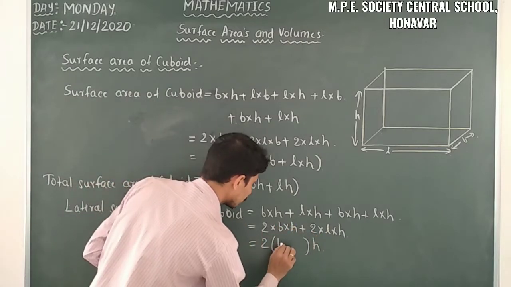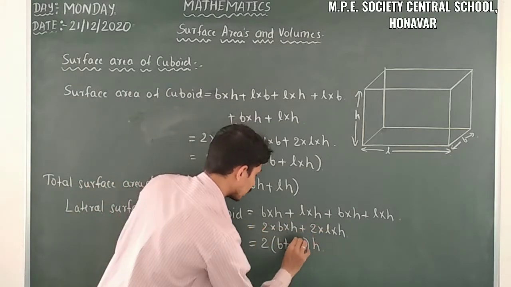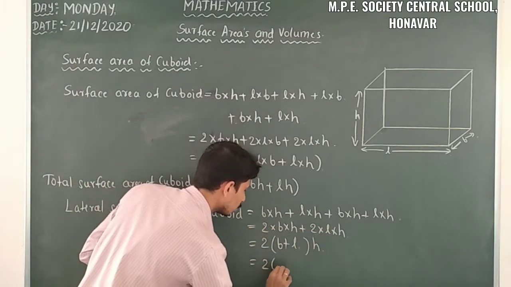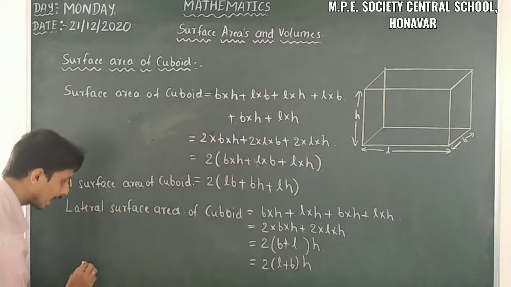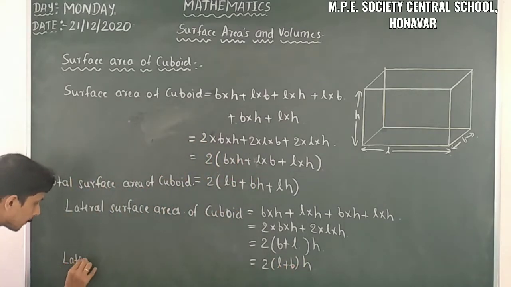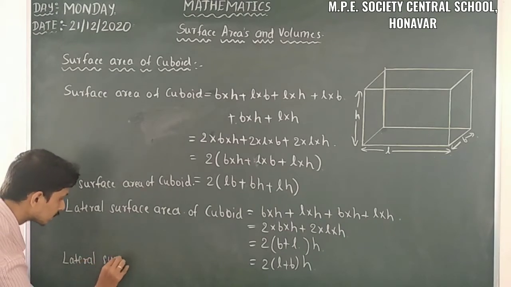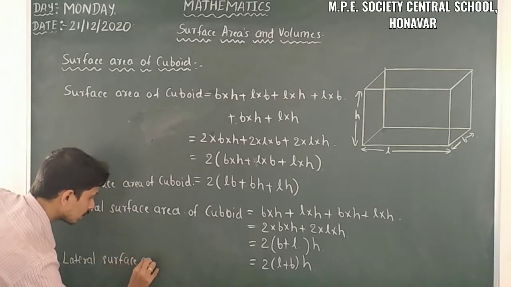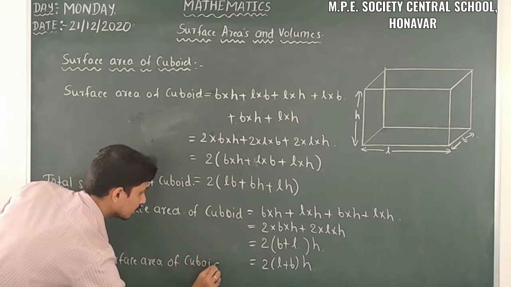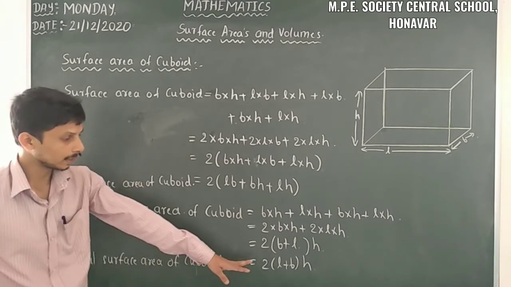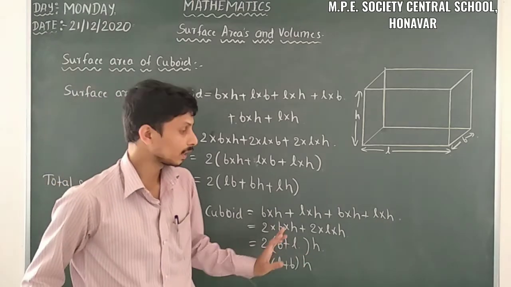What remains here is B and L. So here I will write it as 2 into L plus B into H. That is the lateral surface area. Lateral surface area of a cuboid is equal to 2 into L plus B into H.